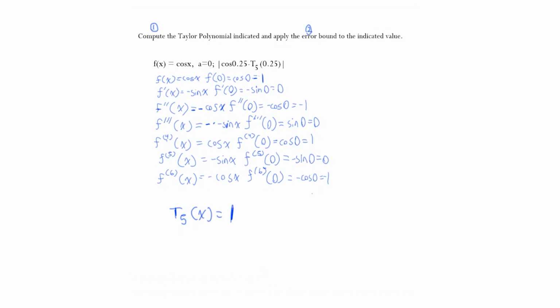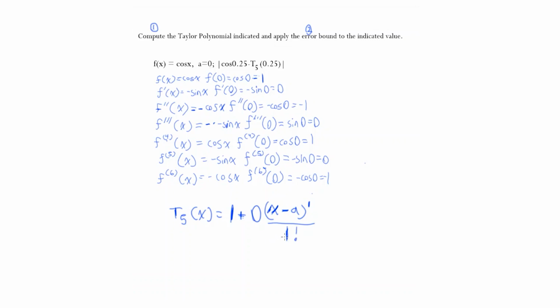Then we go on to the next coefficient, which is 0. And then what comes after is x minus a to the first degree, all over 1 factorial.